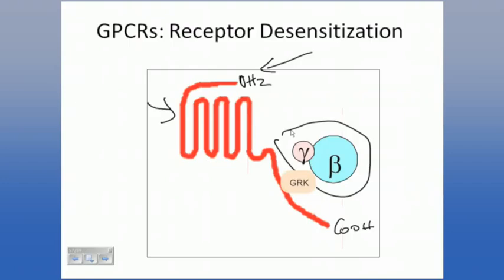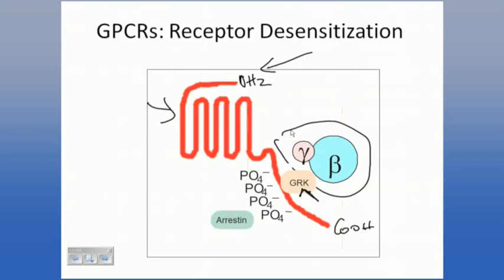With dissociation of the beta and the gamma subunit, you get activation of these GRKs, these kinases, which results in phosphorylation of the carboxy tail of the receptor. It is the phosphorylation of the carboxy tail of the receptor that recruits this protein arrestin.